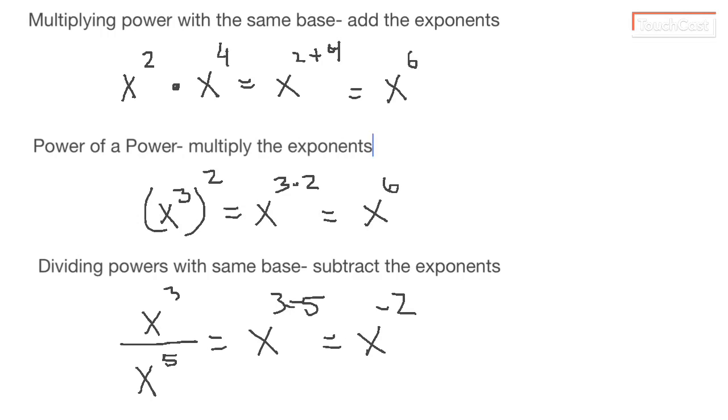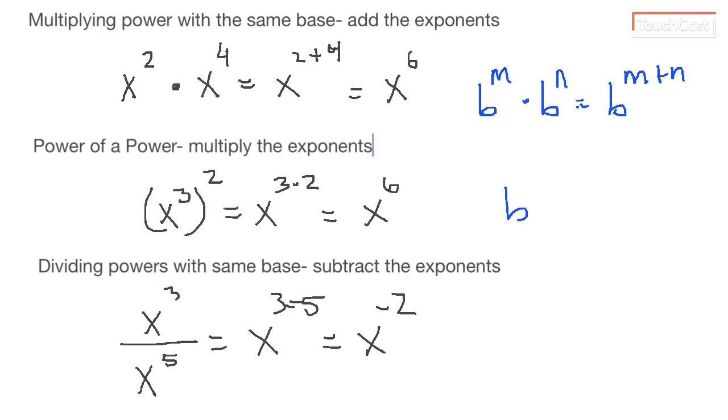So now to just generalize what we have here, if we have a base raised to the power of m, and we multiply it by the same base raised to another power, we'll call it n, it's going to equal that base raised to the sum of the powers.